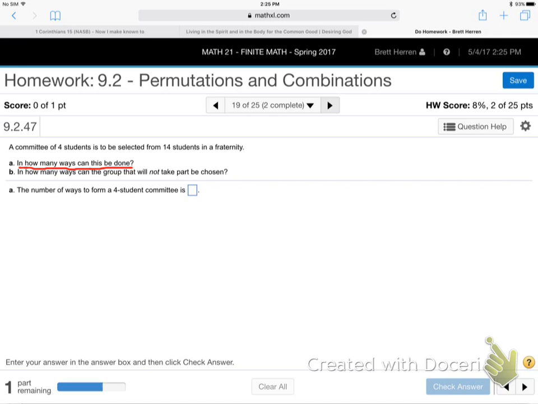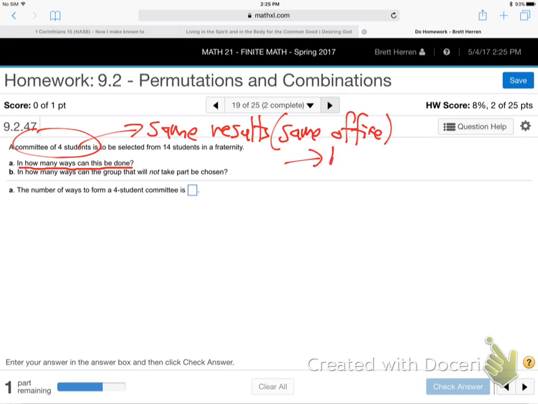Or is it all like getting the same amount of money, same offices? It's all the same, isn't it? 4 students, committee of 4, same results, same office.